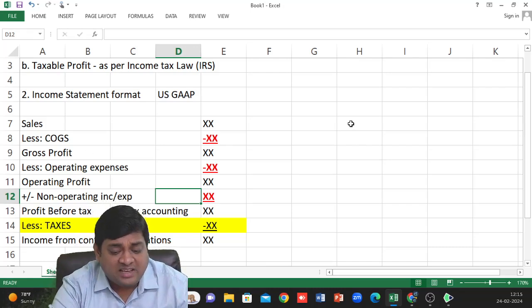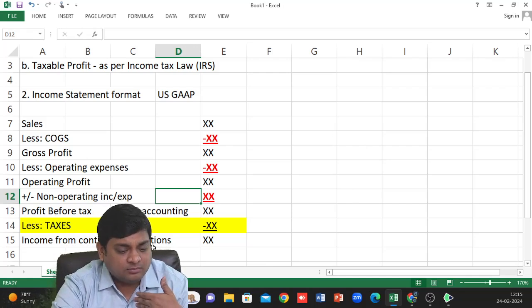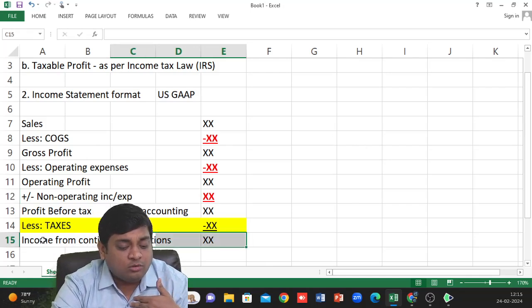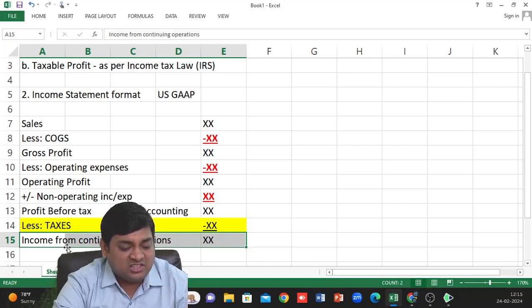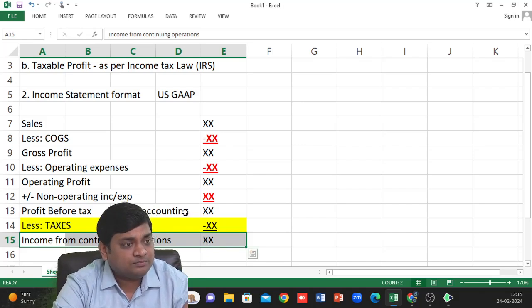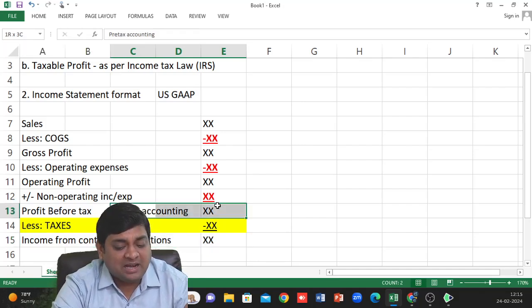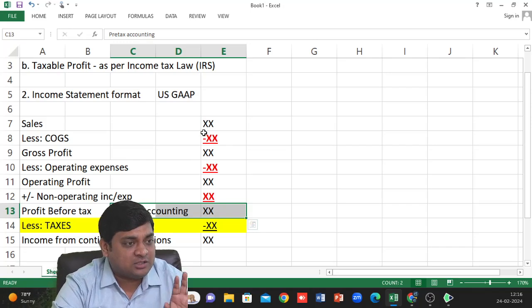Either I can do a fresh calculation for taxable profit, or I can go for indirect calculation. Like I will start with income from continuing operations, or pre-tax accounting profit, and I will do all the adjustments which are not considered in income tax law.